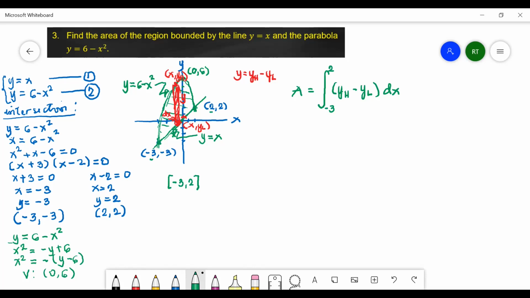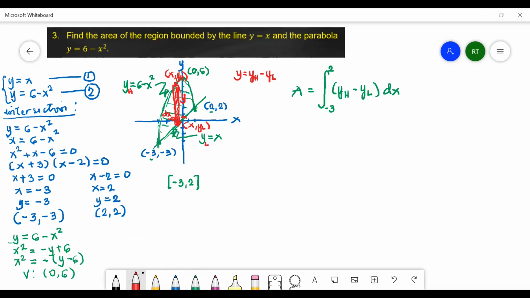And since y upper is determined by the parabola, we shall call this y sub h, and this y sub l, since the region is bounded below by the line y is equal to x.